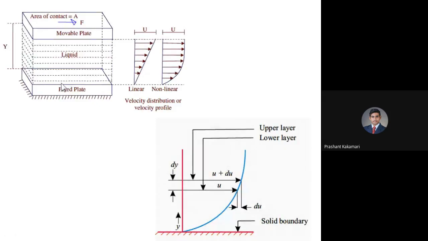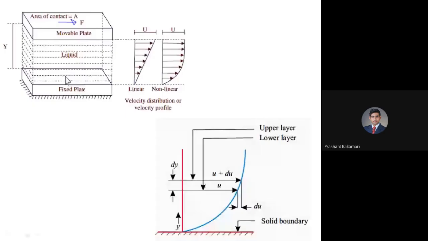The force required will be higher here. Whenever fluid is taken between two plates, rubbing happens, and we have to overcome the molecular or intermolecular forces, because all the liquid molecules are bound to each other.